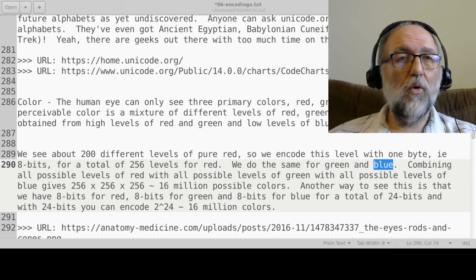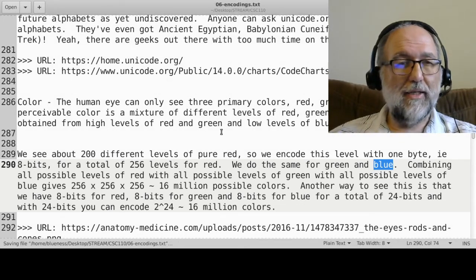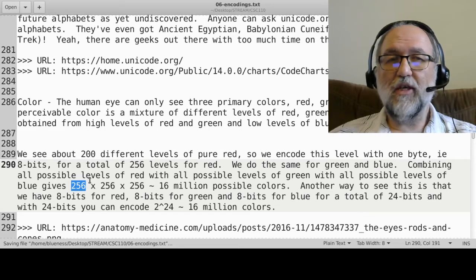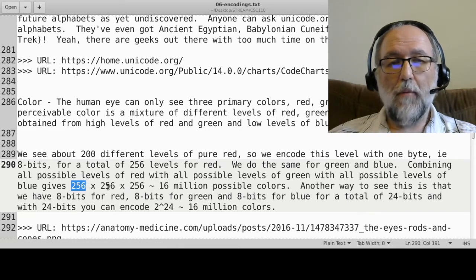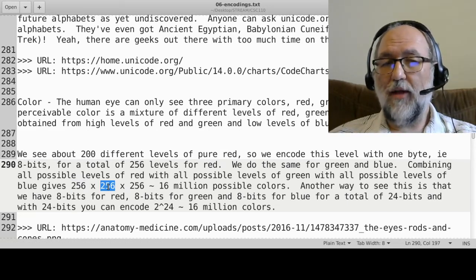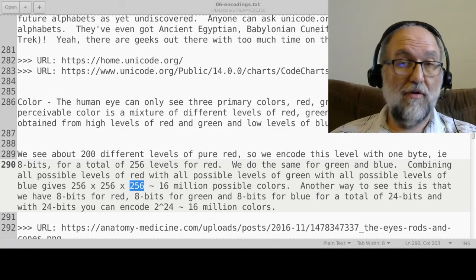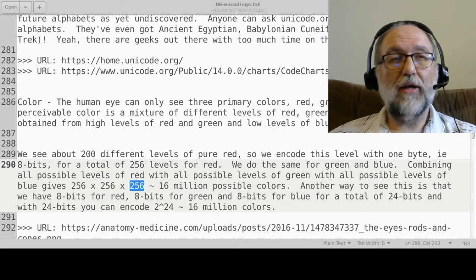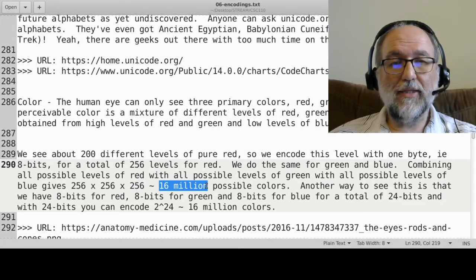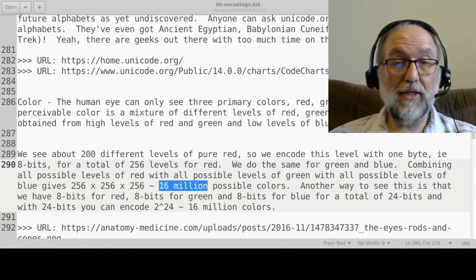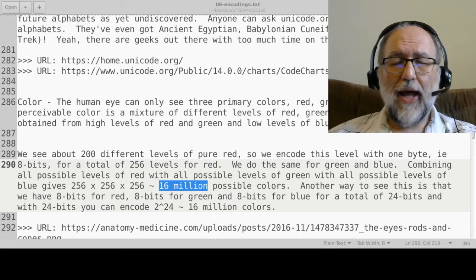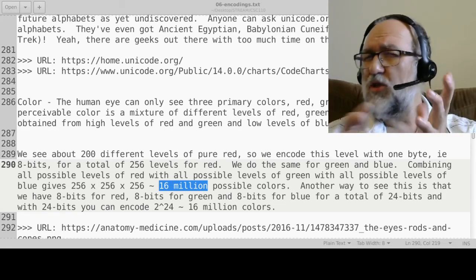Okay, and so you might say, all right, well, how many possibilities is that? Well, there's 256 possible levels of red, multiplied by 256 possible levels of green, multiplied by 256 possible levels of blue. And if you multiply all that out together on your calculator, you will get 16 million different possible humanly visible colors. I think the number's somewhere more like 10 million, but it's okay.